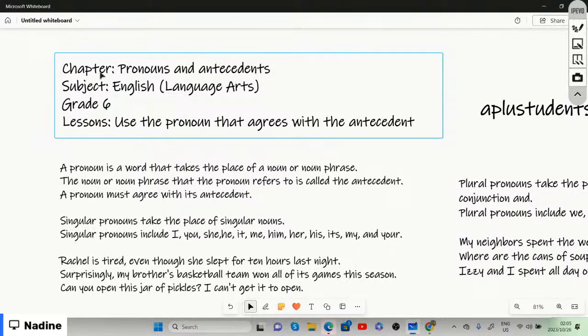So our chapter is pronouns and antecedents. The subject is English language arts, grade 6. And the lesson for today, like we said, is to use the pronoun that agrees with the antecedent. Once again, it is a continuation of the lesson from our previous lesson on pronouns and antecedents.